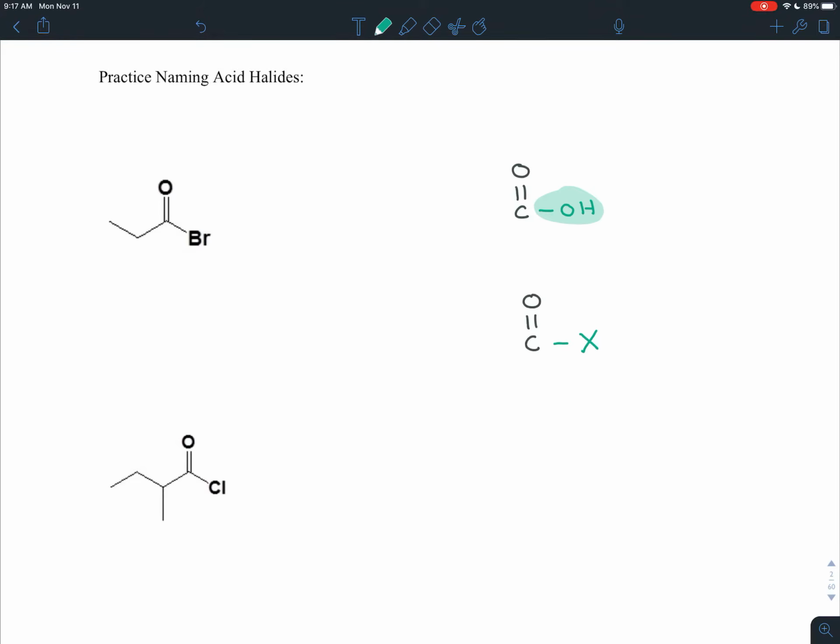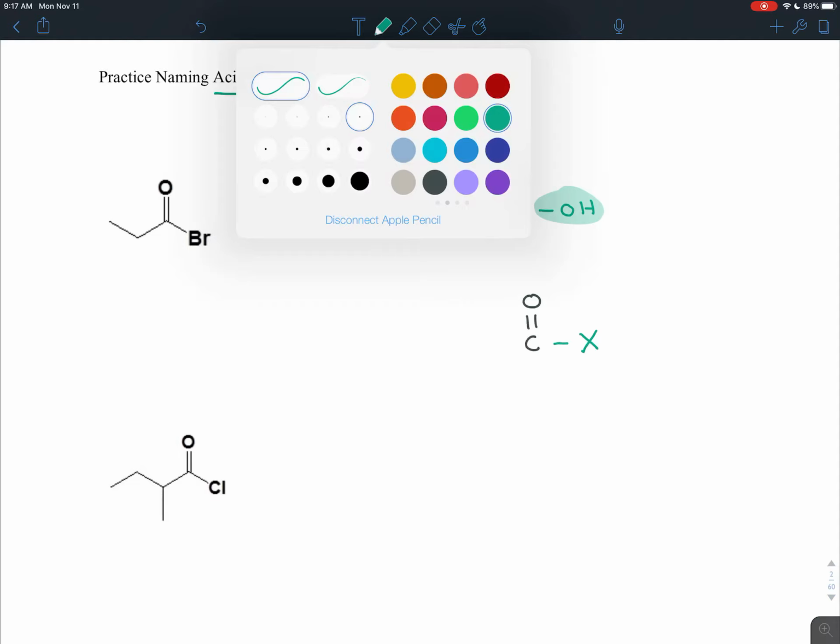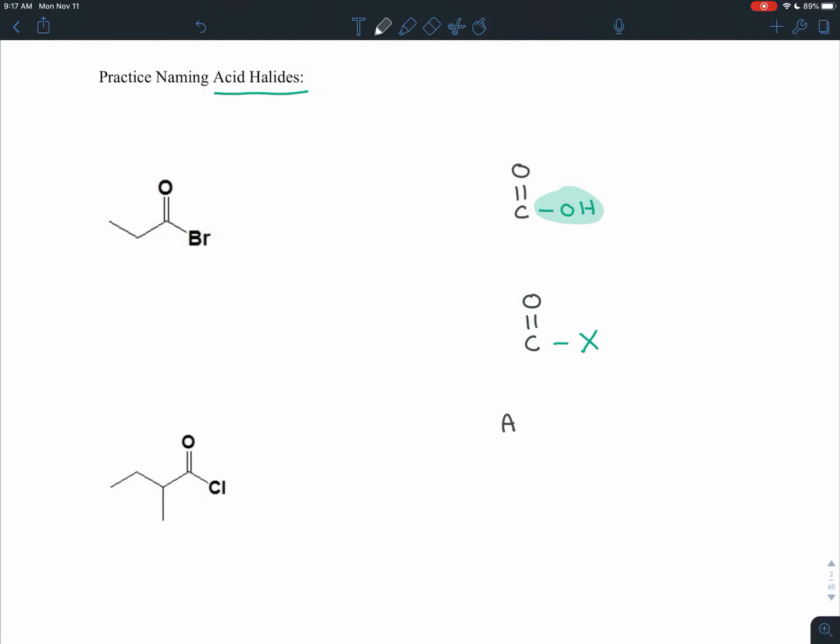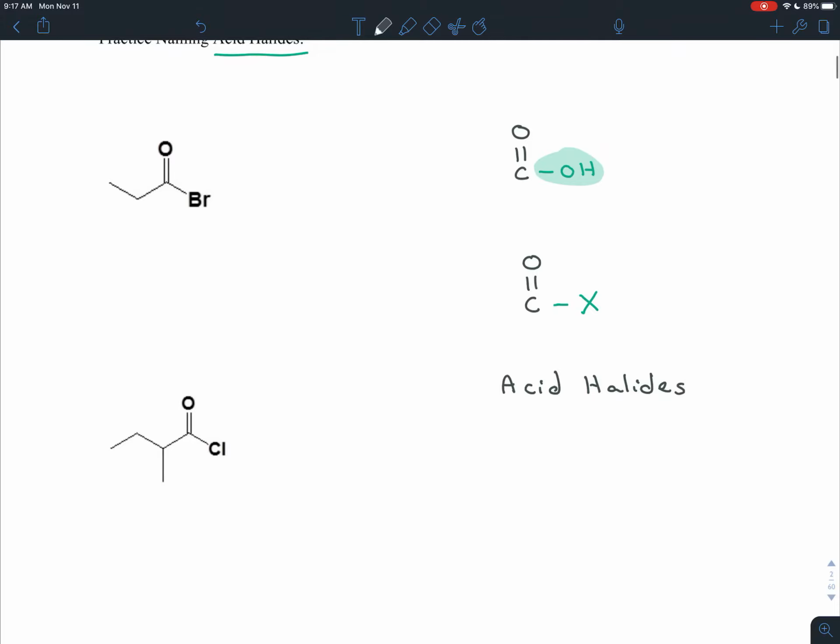Okay, so these carboxylic acid derivatives that have halogens in them are called acid halides. The acid is referring back to the fact that they're derivatives of carboxylic acids, and you have a halogen attached, so halides, acid halides. The suffix for acid halides is oil, and then I'm going to give the general term halide.